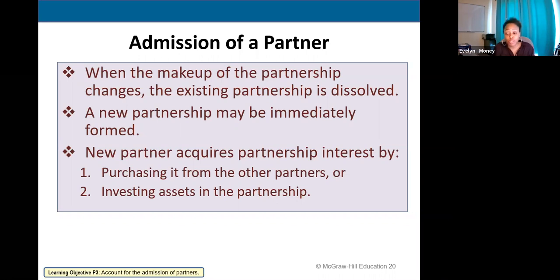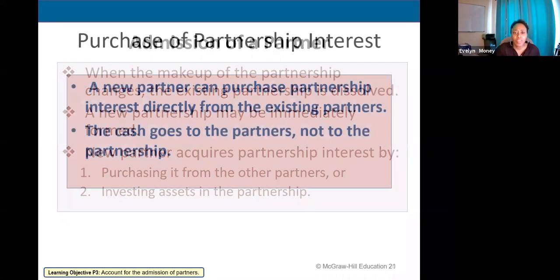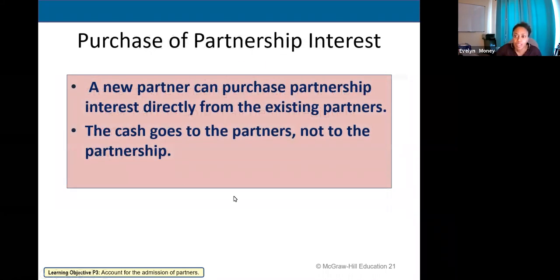The cash portion is a personal transaction between the old partner and the new partner. All the partnership has to do is switch out names. So the total assets and the total equity don't change. But if a new partner comes in and they bring in cash or other assets, then total equity will change and total assets will change. And I'll show you what I mean on the coming slides.